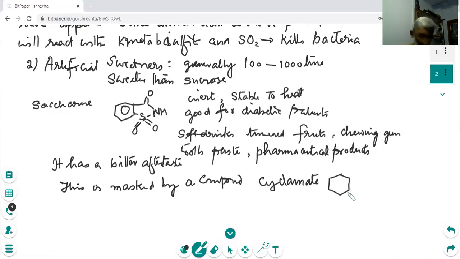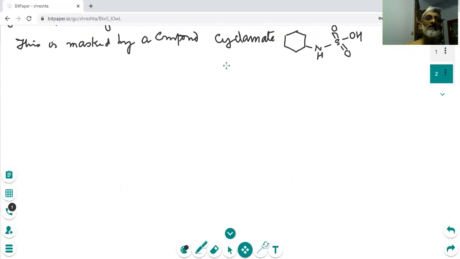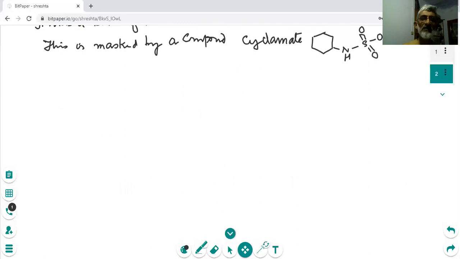Some relationship is there. You have the NH group in both the compounds. This sulfur group is an important group. So you add a little amount of cyclamate so that the bitter aftertaste can be prevented. The second compound is aspartame.